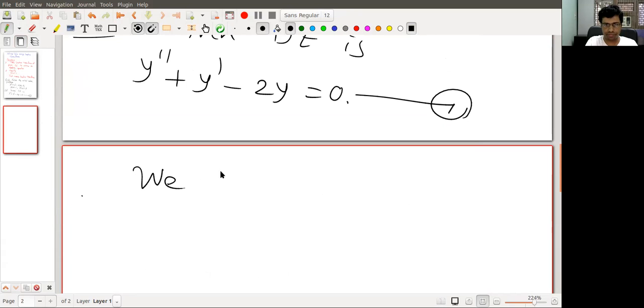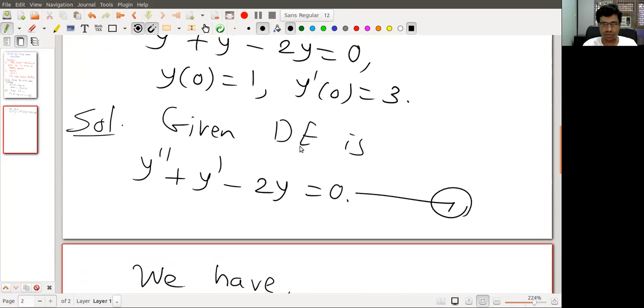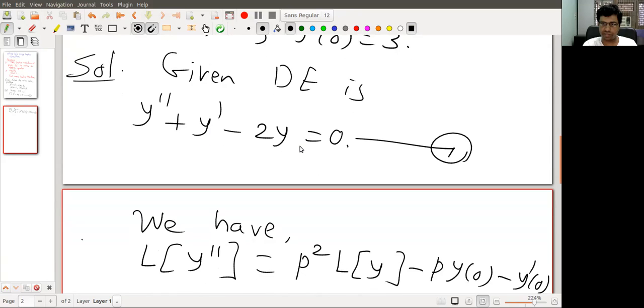So we have Laplace transform of second order derivative, that is y double dash. By definition, it is p square into Laplace transform of y minus p into y of 0 minus y dash 0. Now we know y of 0 and y dash 0. These are given things.